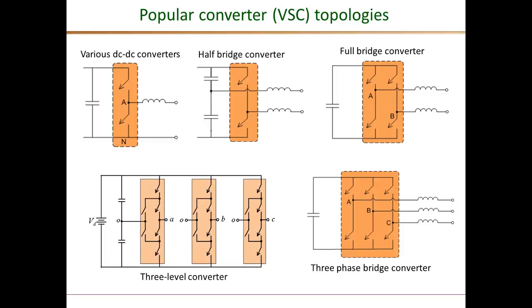All of them, as you can see in these figures, involve the use of multiple switches. What is shown belong to the category of voltage source converters, but even the other types like the current source converters also employ multiple switches. Therefore, the switch is really the critical building block of any converter.